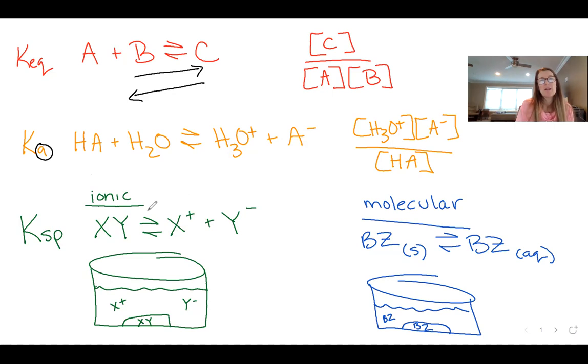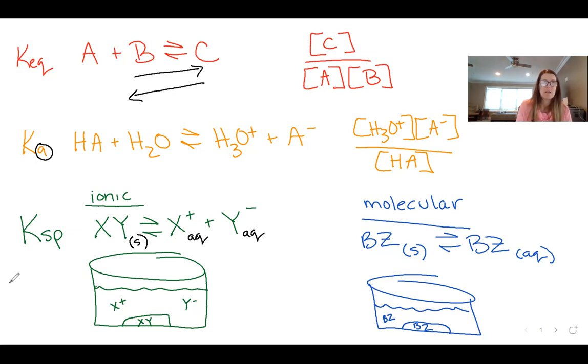So if we were to write a KSP reaction for an ionic compound, it always takes this format. We have the undissociated, undissolved solid, and we have the relationship to the ions that are in solution, dissociated. And this is what your KSP expression is always going to take the format of.